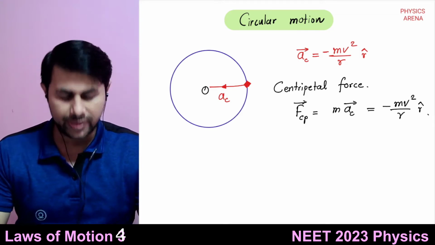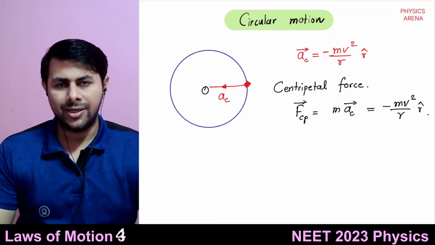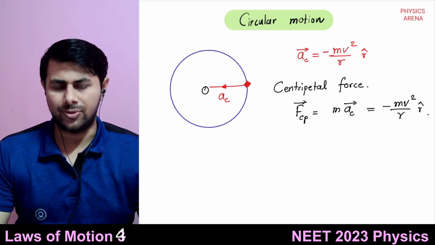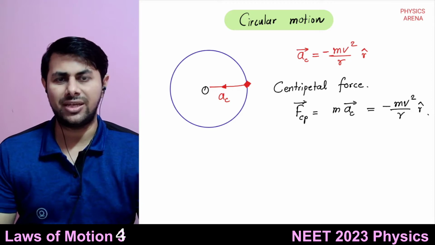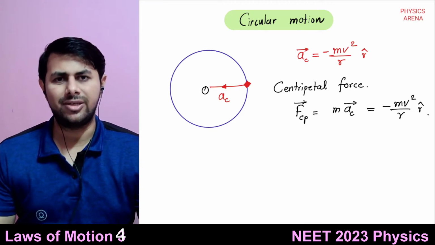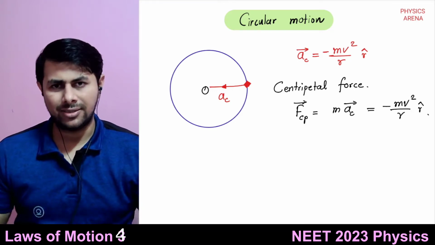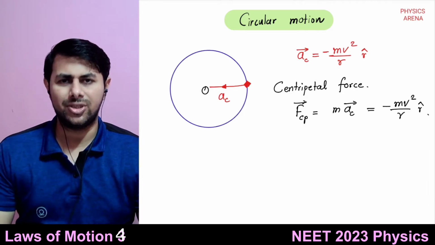So now the question is, which entity provides this centripetal force? Which is that thing which provides this centripetal force? The answer can be different depending upon the situation.